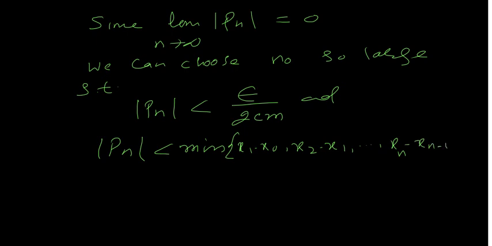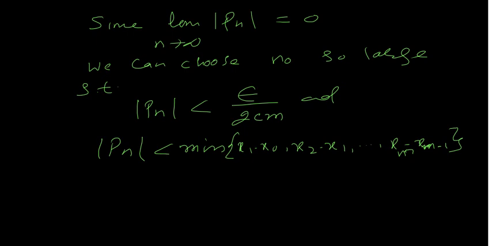These are the lengths of the subintervals. This can be done because the mod of Pn is approaching 0, and I have explained how we choose n so large with this property.